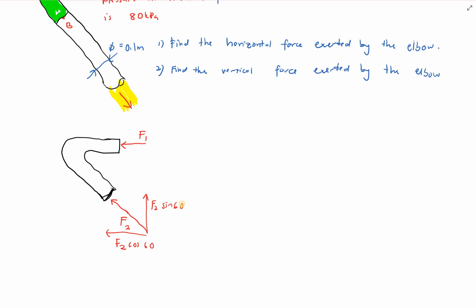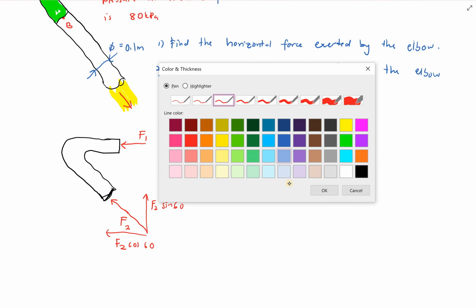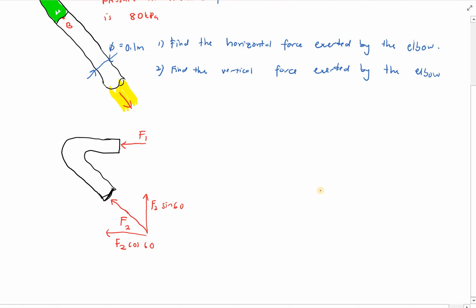Second, you have to look into the velocity. Okay, the velocity in this case, the flow is flowing from your right hand side to your left hand side, so you'll have V1, and then it's leaving your elbow that way, so there you have V2.